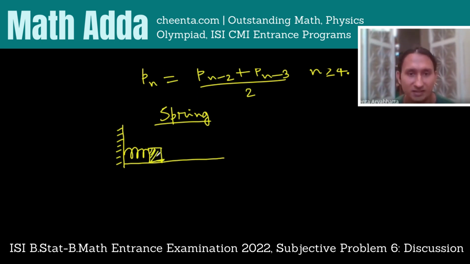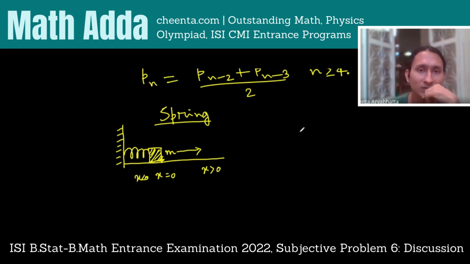There is no friction anywhere, and this object has mass m. When the whole system is at rest, there is no force anywhere, we call that position x equal to 0. When the spring is elongated, then x is greater than 0, and when the spring is compressed, x is less than 0.